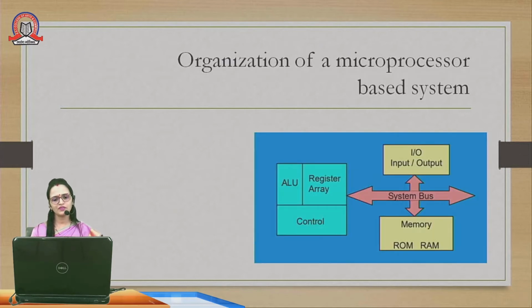Next, we are seeing the organization of the microprocessor based system. In this system, generally we see such a diagram. This diagram represents the ALU, register array, and the control unit, the three major parts making a complete microprocessor. The second one, in the red arrow symbol, is the system buses. Mainly the system buses transfer information.